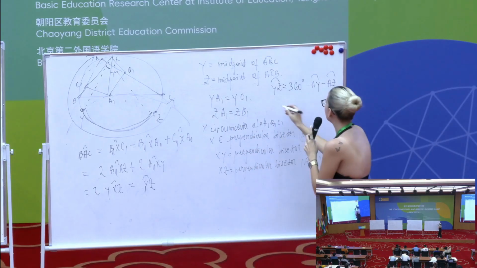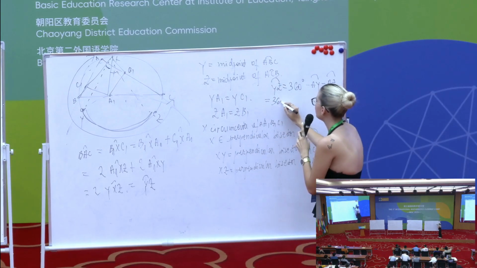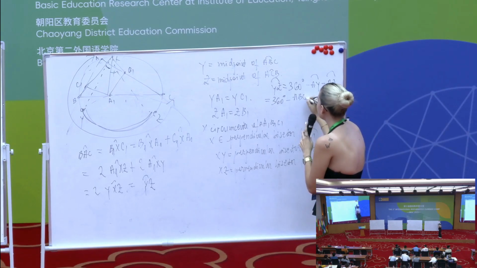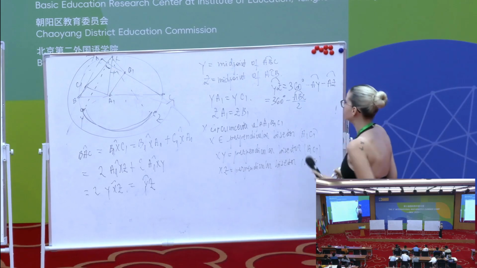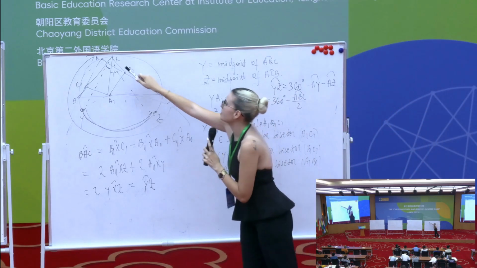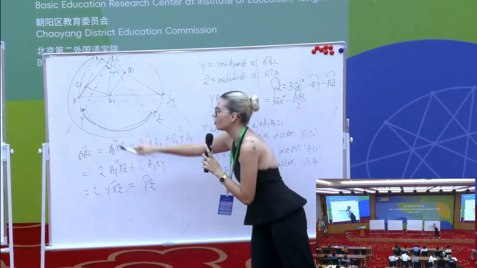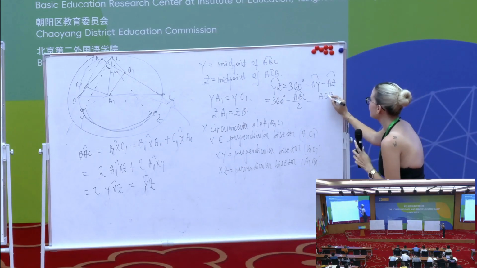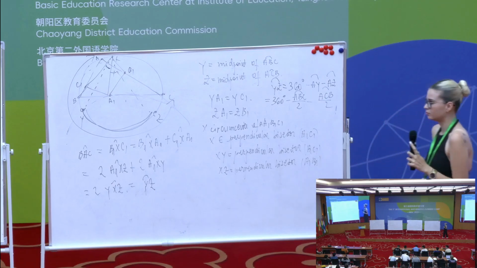So I can just write it as 360 minus the arc ABC over 2. And the same for AZ, because Z is the midpoint of the arc ACB. So this is minus the arc ACB over 2.